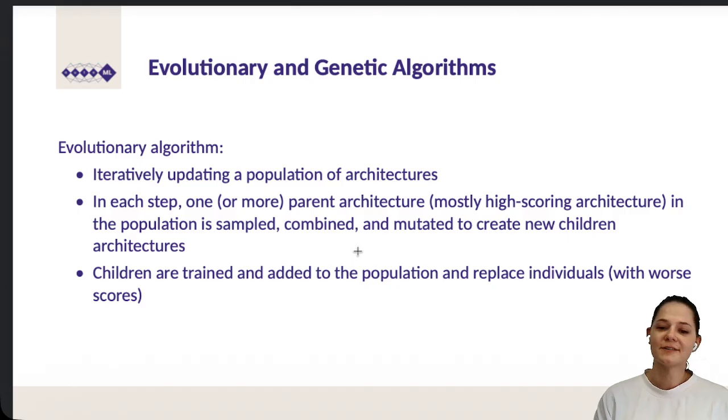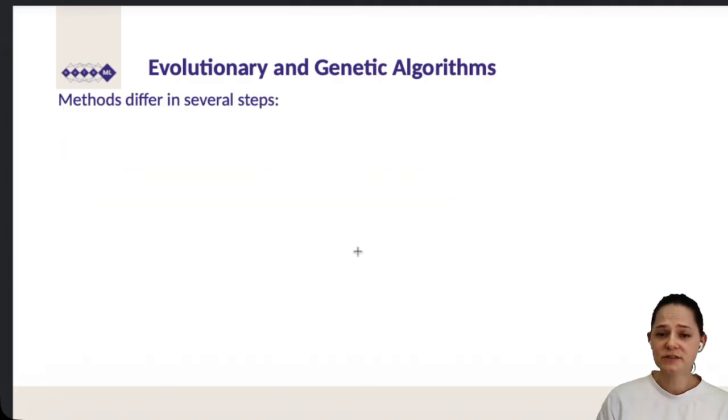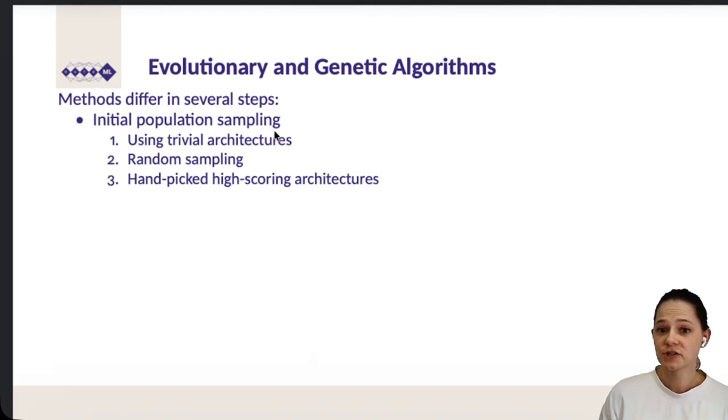These children are then trained and added to the population, replacing individuals with the worst scores. There are several steps where evolutionary algorithms differ. One example is the initial population sampling. We could use trivial architectures, random sampling, or hand-picked high-scoring architectures, which we as humans think should be very good starting points.